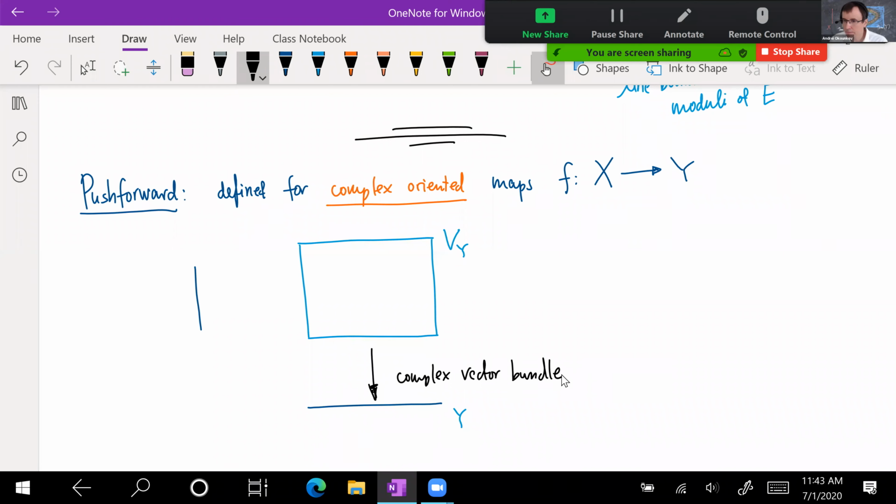So in algebraic geometry, we took a projective bundle, but here in topology, we will take a complex vector bundle. And this is a projection part.